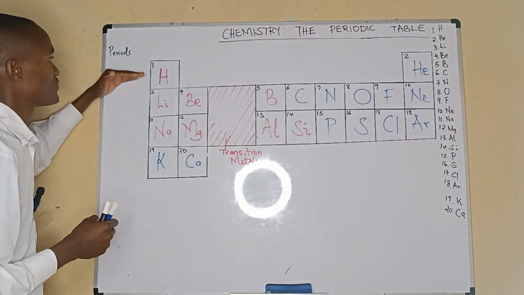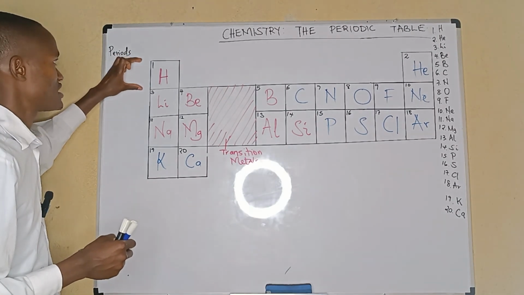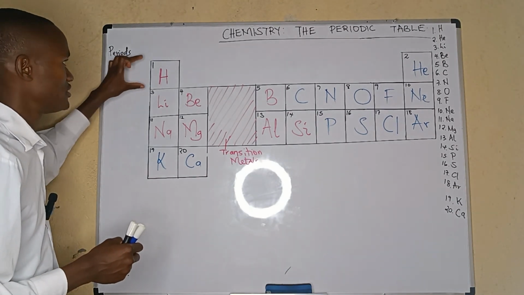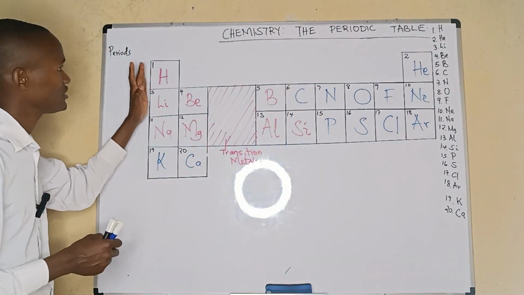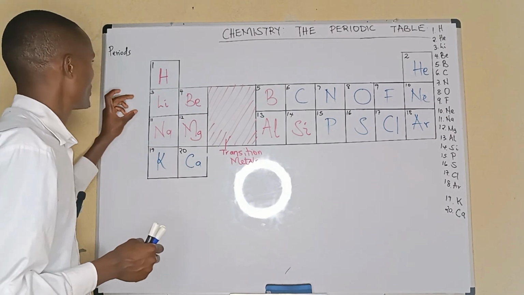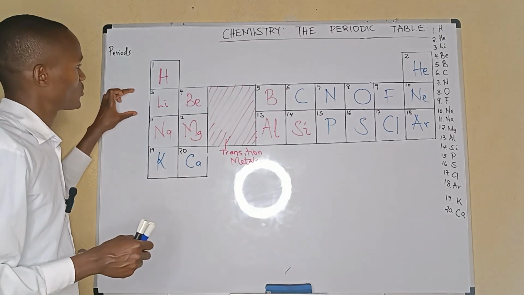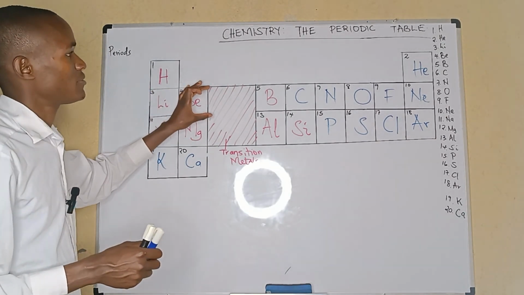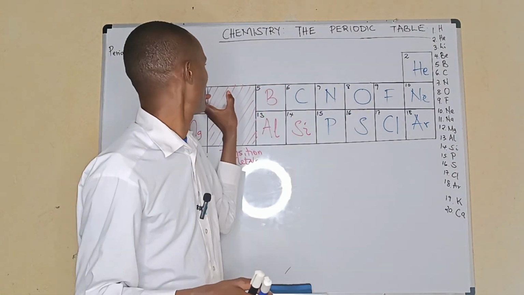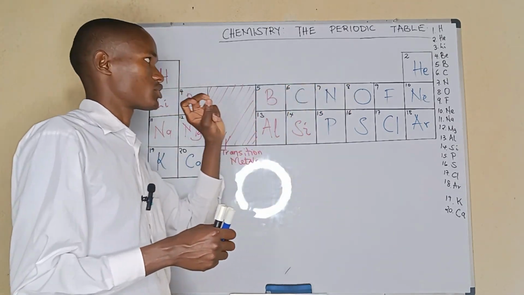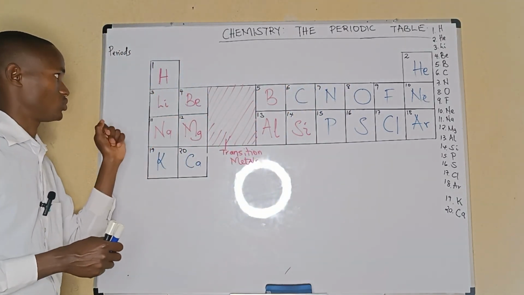So I can have this is the first period here. And when I talk of this, I mean the whole of this row. So hydrogen and helium are in period 1. If I go to this other row here, lithium, beryllium, and all the elements coming after beryllium are all in period 2.